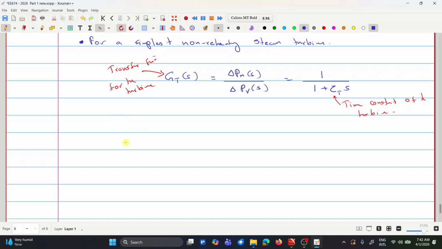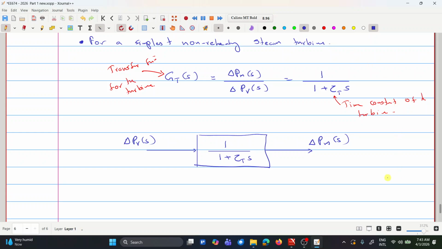You can write the output, or the mechanical power, depending on the power input from the governor or the valve, and the corresponding transfer function would be 1 over 1 plus tau TS. It's simple as that.